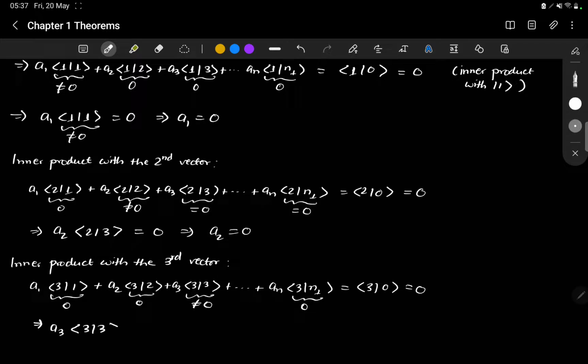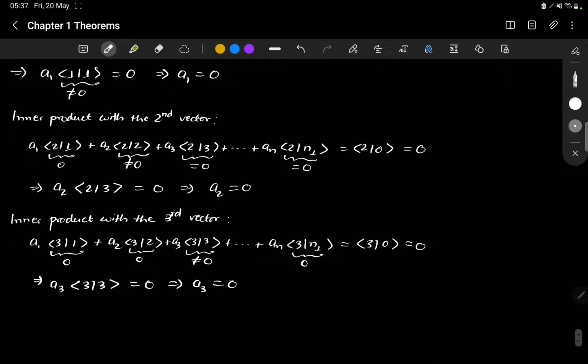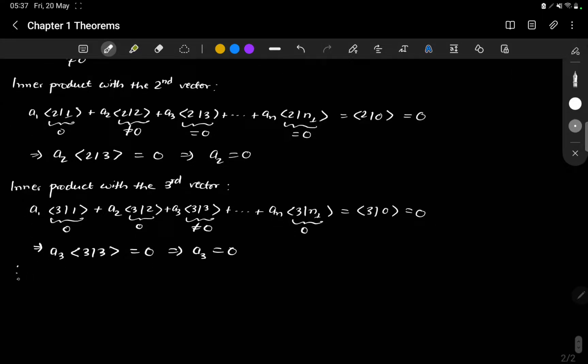Again, by taking the inner product with the third vector, we find that A3 is equal to 0. And so on, we can continue and finally take the inner product with the nth vector.